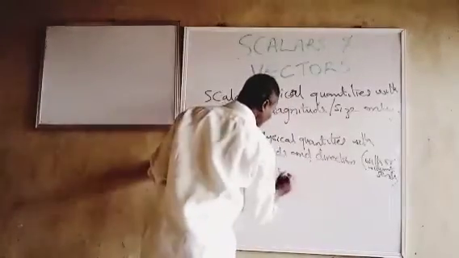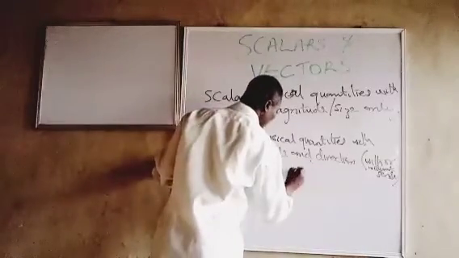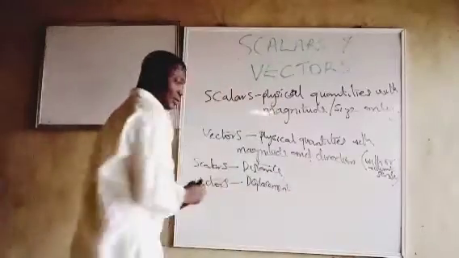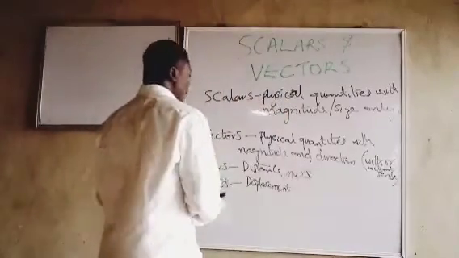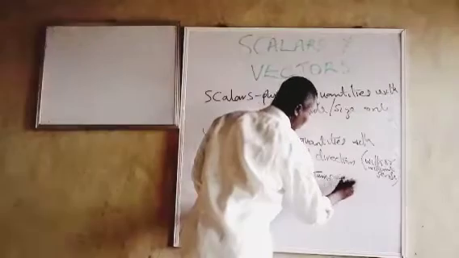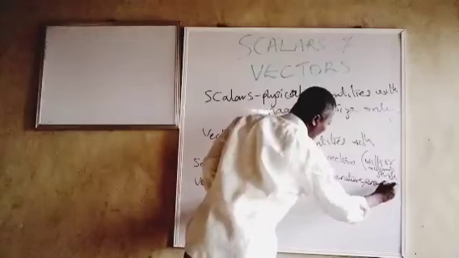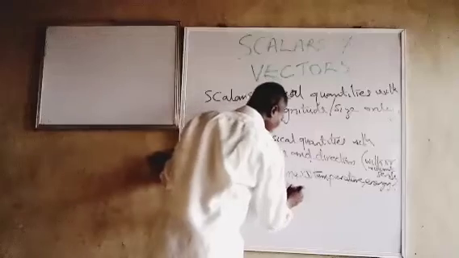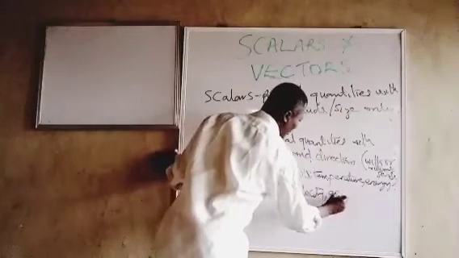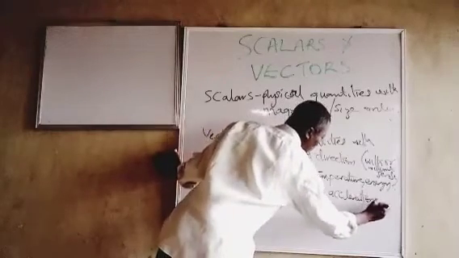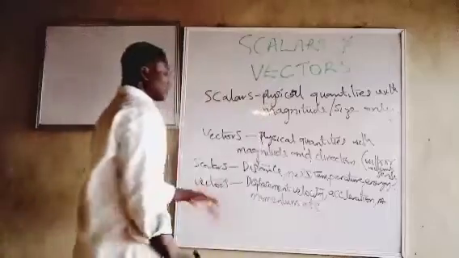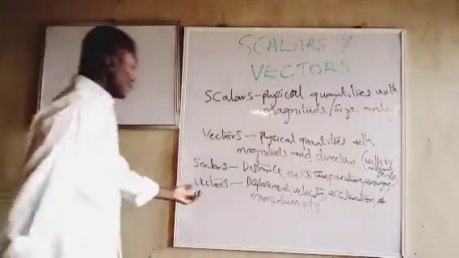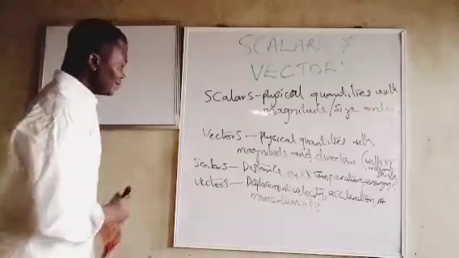Scalars: mass, temperature, energy, etc. Vectors: velocity, acceleration, momentum, etc. Anything that you need to describe with direction along with the size is referred to as a vector. For scalars, you don't need to specify the direction.